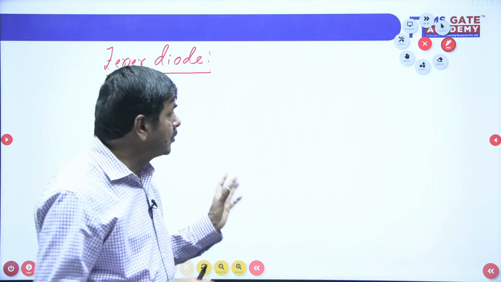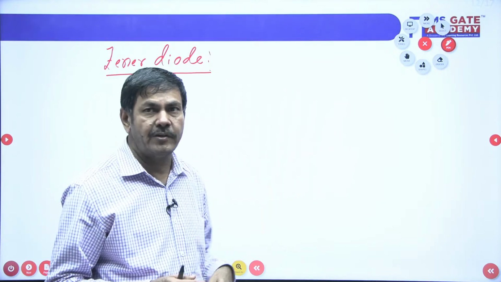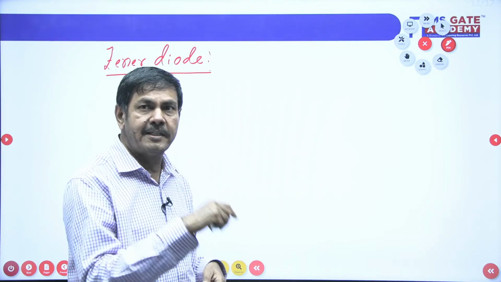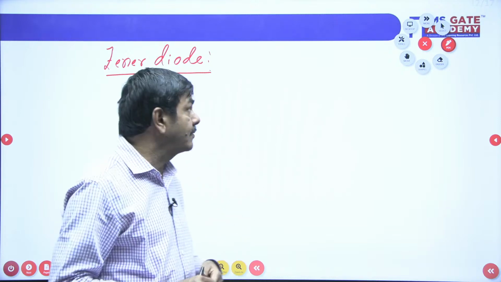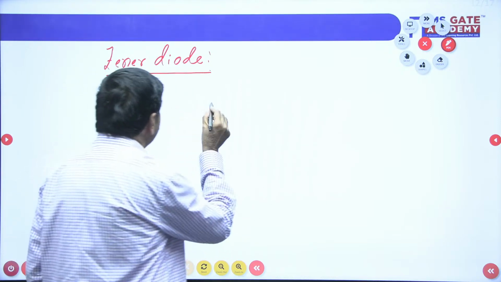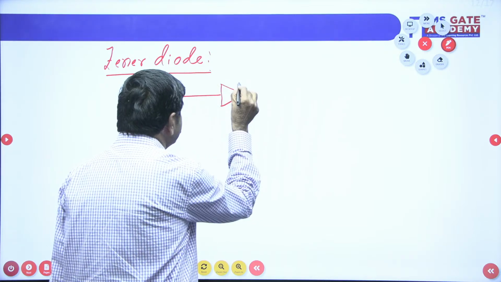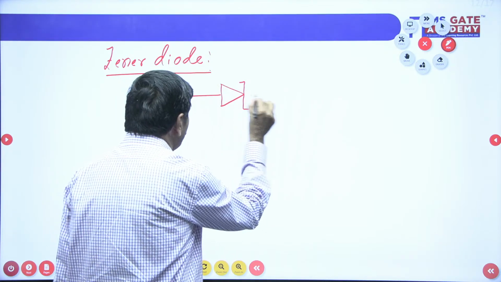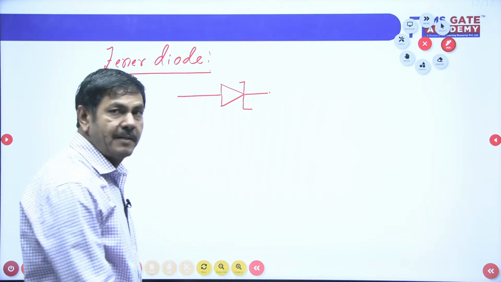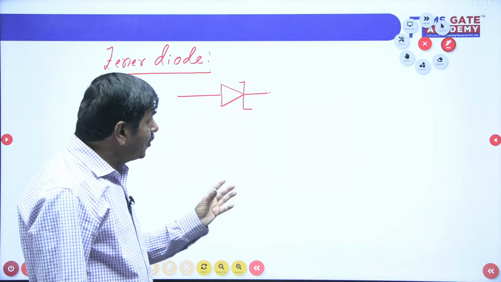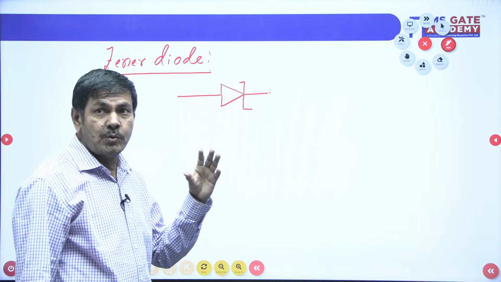By using the op amp you can regulate. Anyhow, the Zener diode symbol we are going to use is like this. It's like a Z. This is the Zener symbol.